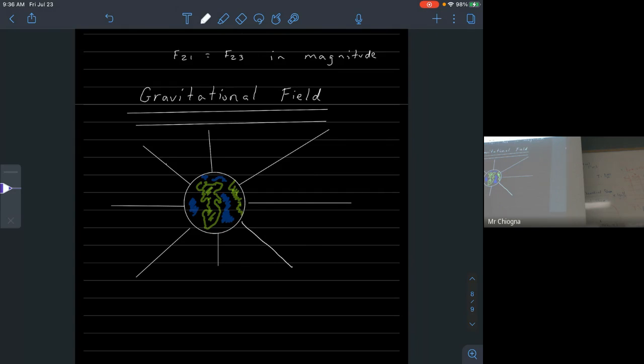Okay, and it's attractive in nature. So we're going to draw arrows inward, which means any mass in this field is attracted towards the Earth.